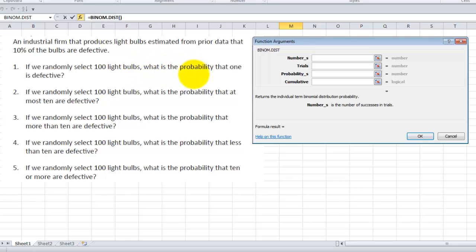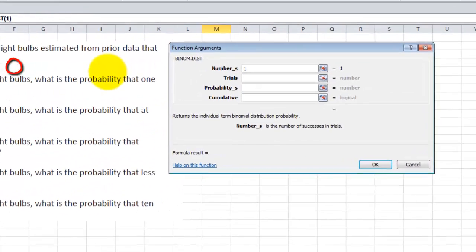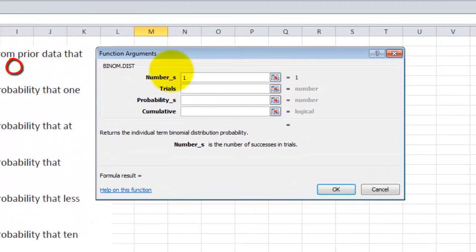So the way we will use the Excel binom.dist function to solve question number 1 is that here the number of successes will be 1. We want the probability that 1 is defective. The number of trials is the sample size, which is 100.